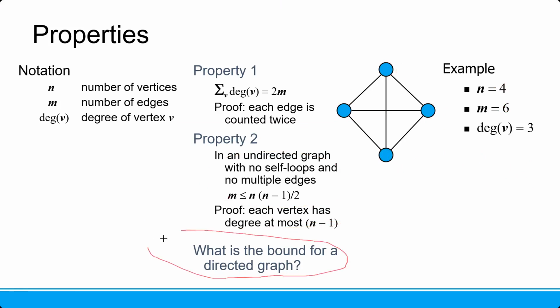Now, what is the bound for a directed graph? If it is undirected, okay, then it goes two ways. Right? If it is a directed graph, it means we have one direction. So what is the bound?